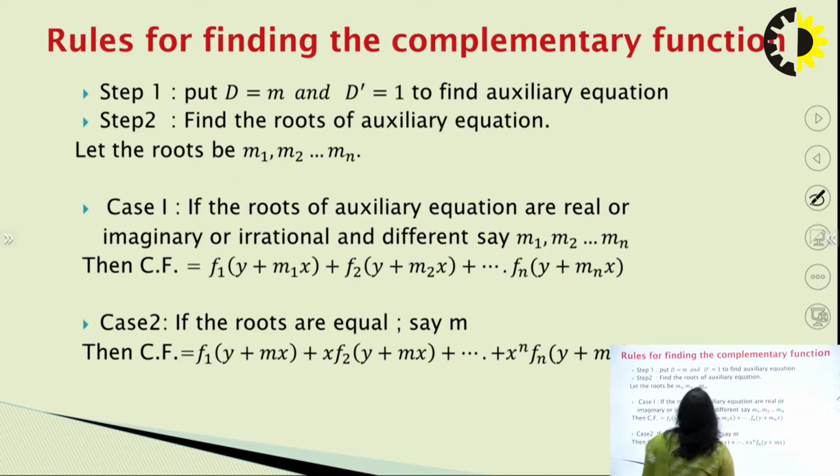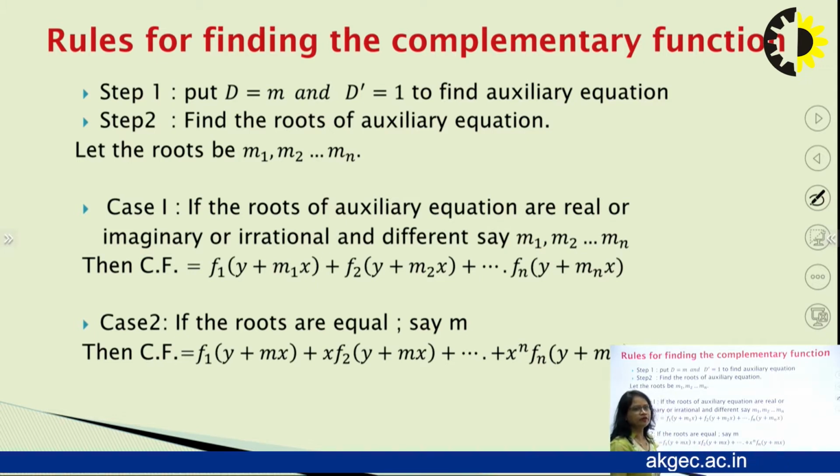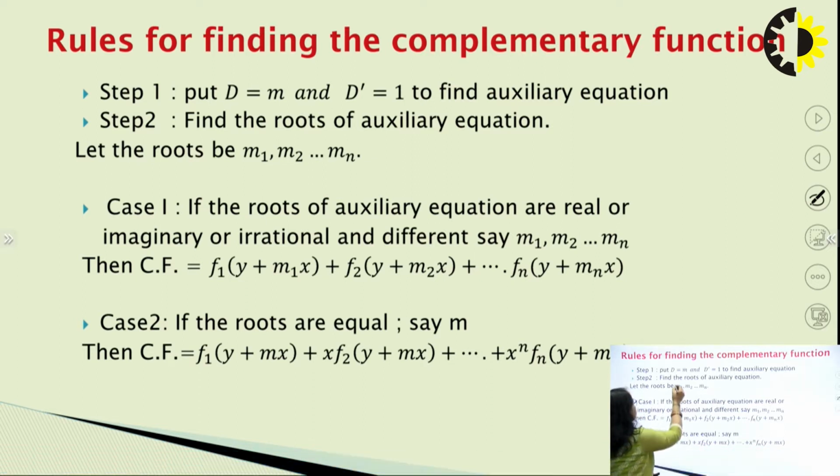Now we will discuss the rules for finding the complementary function. As the first step, we substitute D equal to m and D dash equal to 1 to find the auxiliary equation.